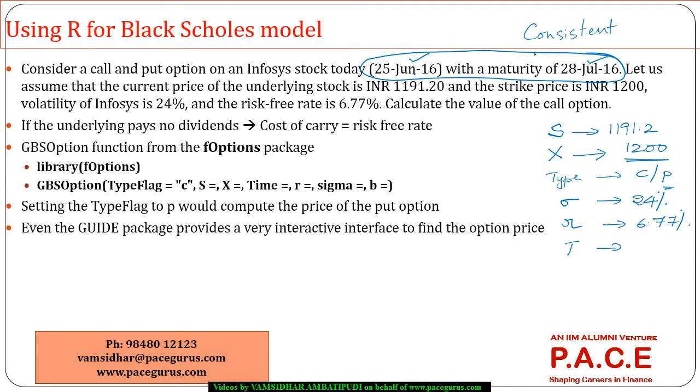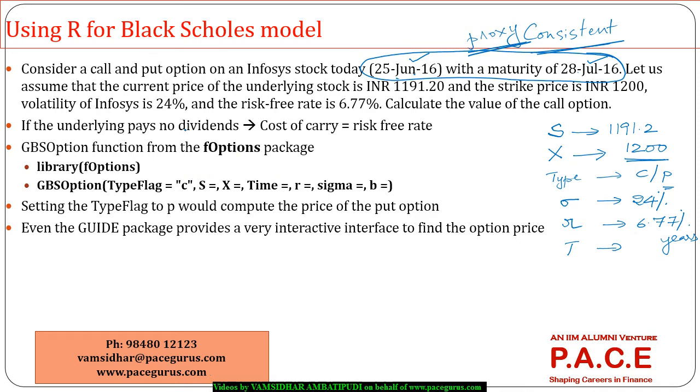Trading days is more ideal, but otherwise I can consider calendar days as a quick proxy for trading days. I have to mention the time period in terms of years, so I find the difference between the two dates and convert it into years. So these will form the input.